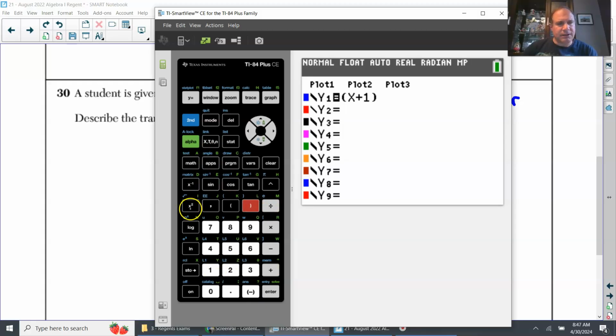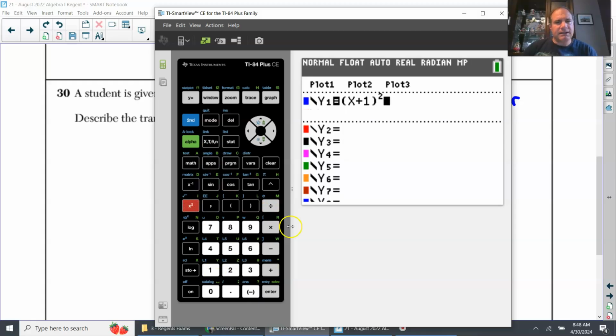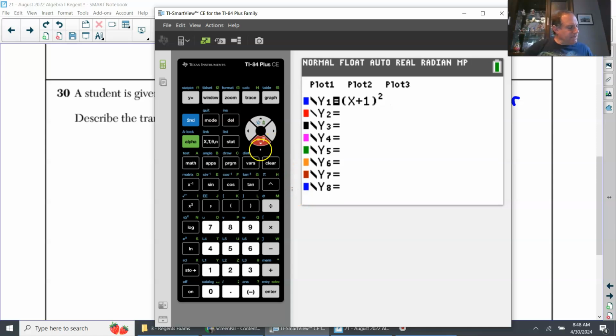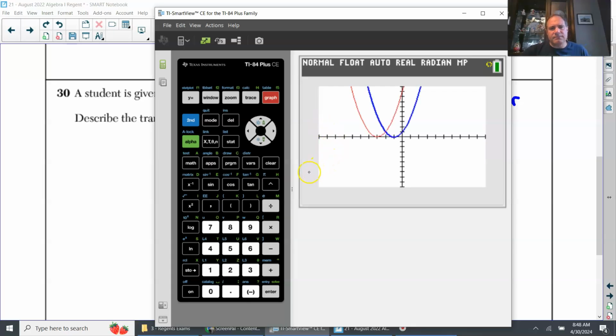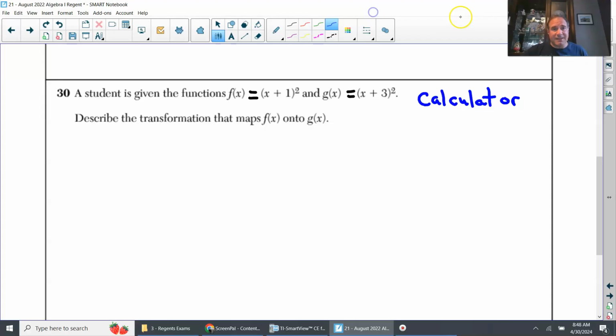They want to know the transformation that is happening from X plus 1 squared to X plus 3 squared. So we're going to put the X plus 3 in second, squared, and we're going to press graph. So there's the X plus 1. Okay, so from here, it moves to the left 2. 2 to the left.